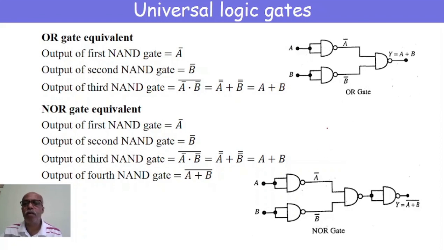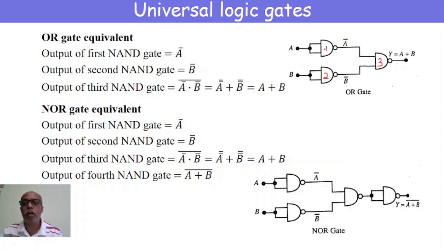Similarly, we are now realizing the OR gate by making use of three NAND gates. You can see here, these are the three NAND gates used in order to realize the OR gate. Across the first two NAND gates, only one input terminal is there.